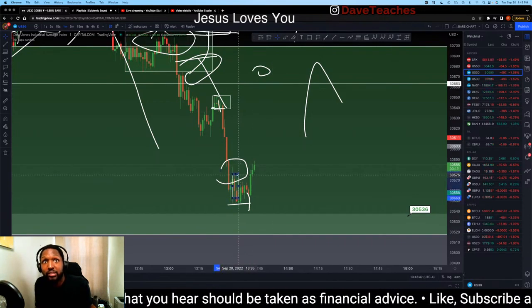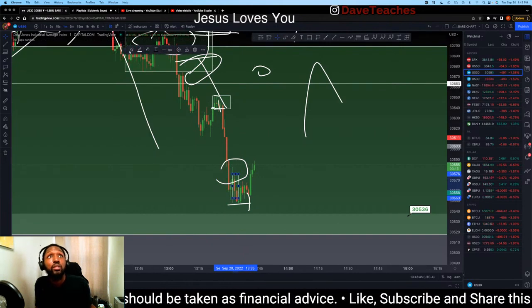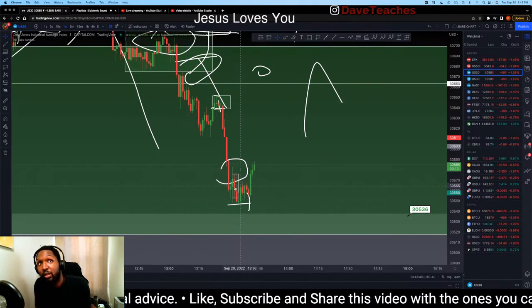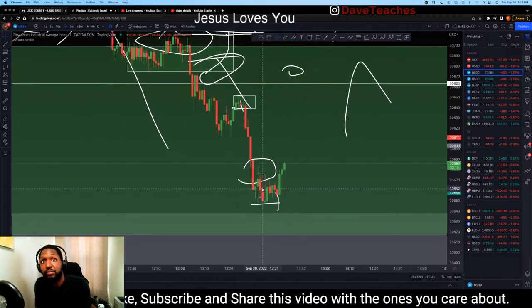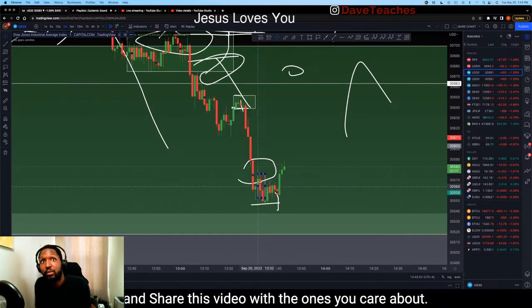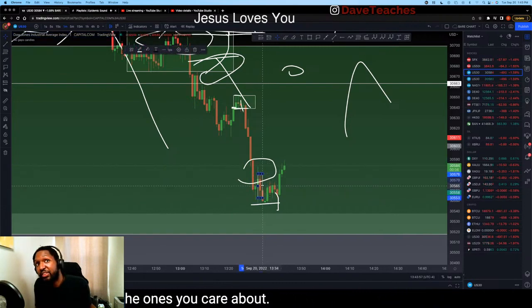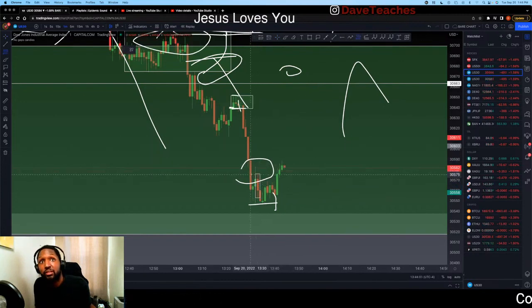So let me actually just color code this. So here's the smaller hidden S&D right here. So you see how price taps into the 50% of it? Let me take a fib and put it around this so you guys can see.